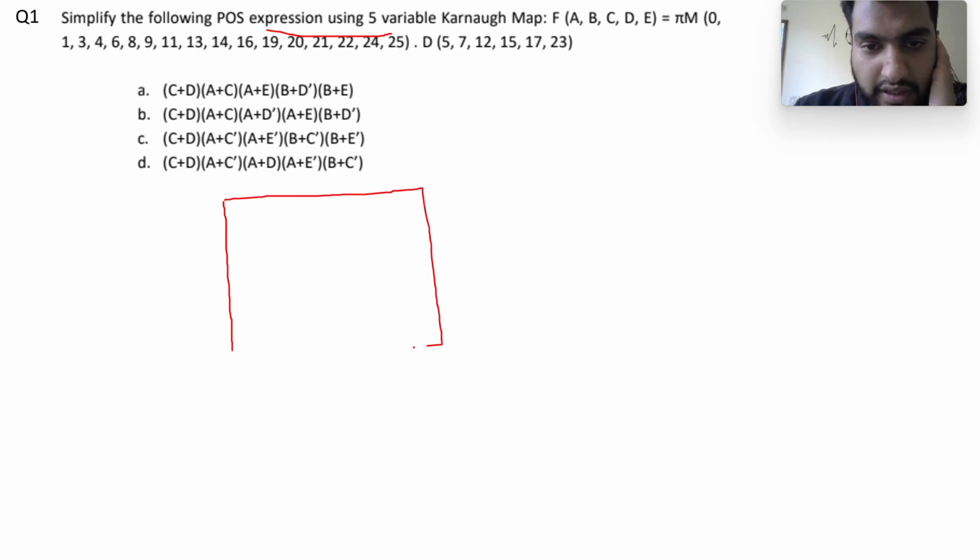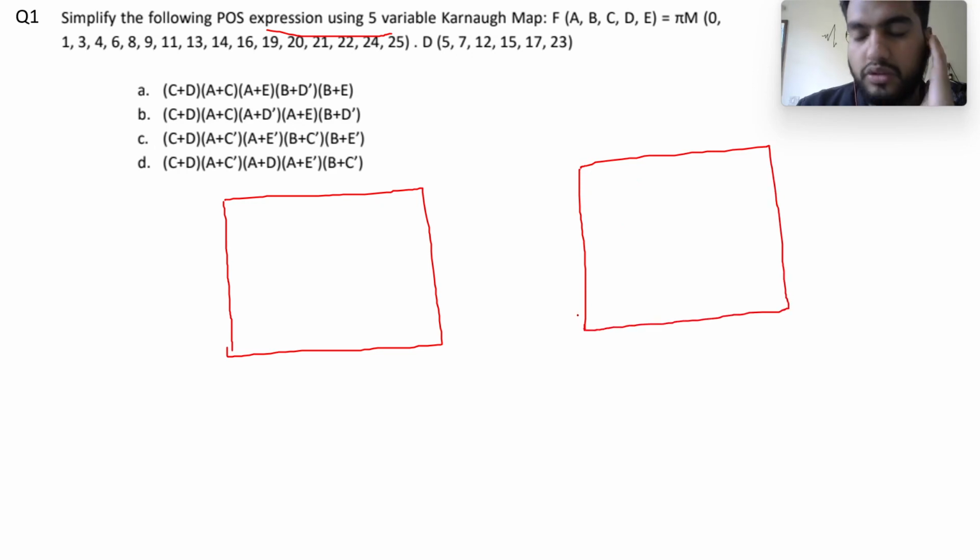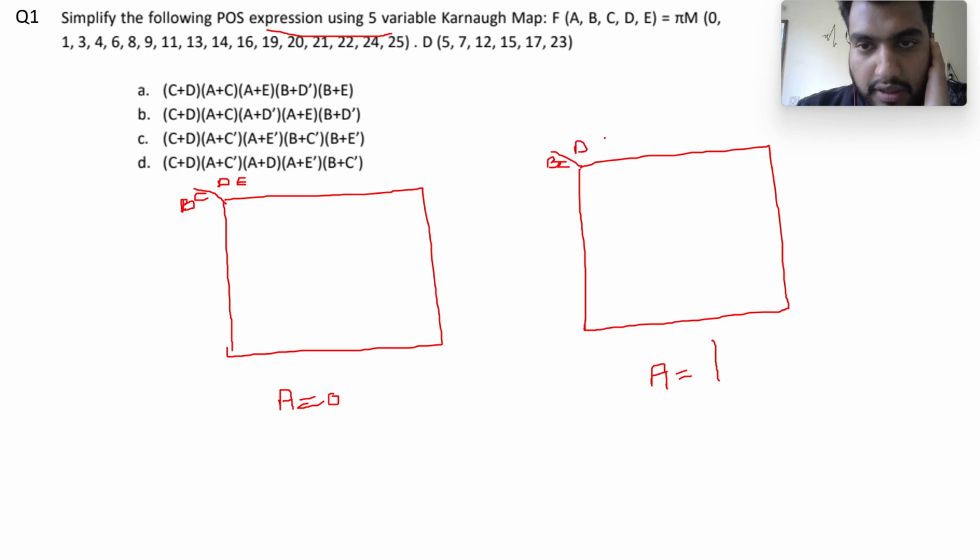You have this one and you have this other one, and your most significant bit is written here, A equal to 0 and A equal to 1, and these are your remaining 4 variables, B, C, D, E. Same goes for this one, this is B, C, D, E.